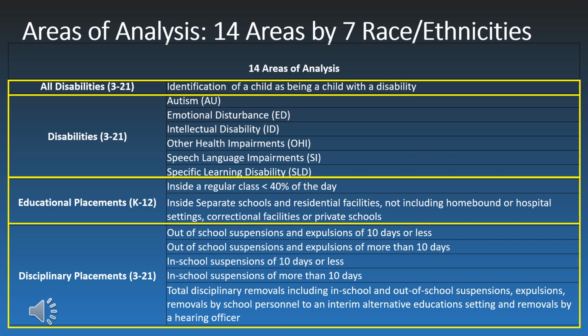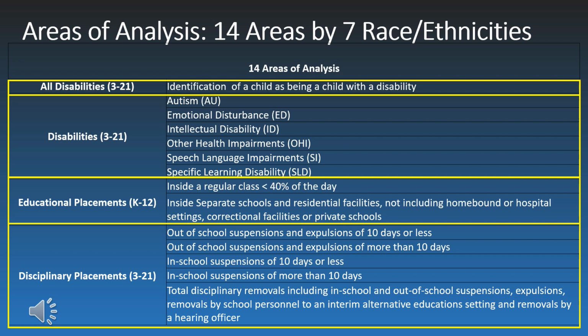The last group is disciplinary placements for ages 3 to 21. They include out-of-school suspensions and expulsions of 10 days or less, out-of-school suspensions and expulsions of more than 10 days, in-school suspensions of 10 days or less, in-school suspensions of more than 10 days, and total disciplinary removals, which include in-school and out-of-school suspensions, expulsions, removals by school personnel to an interim alternative education setting, and removals by a hearing officer.